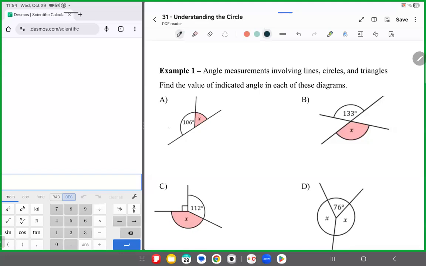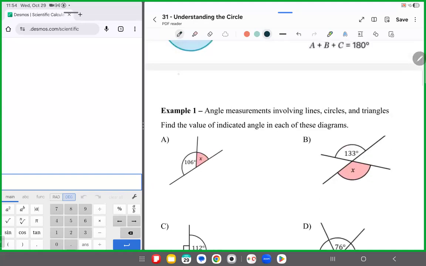Okay, so letter A here, we have a 106-degree angle. I should also mention that if the angle is larger than 90 degrees, this is what we call an obtuse angle. If it's equal to 90 degrees, we call this a right angle. When I say larger than 90 degrees, I mean between 90 and 180, because I'm going to bring up a different angle here.